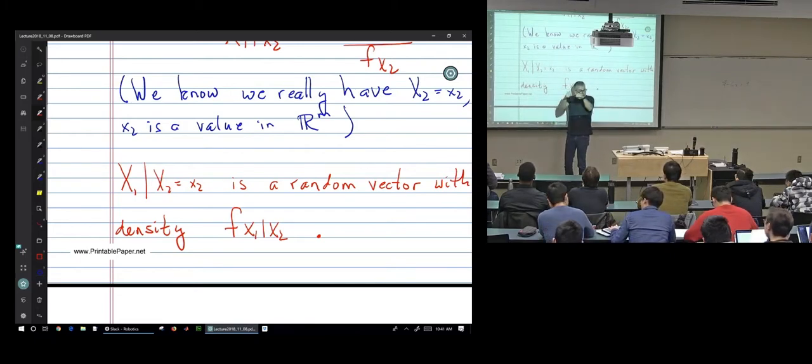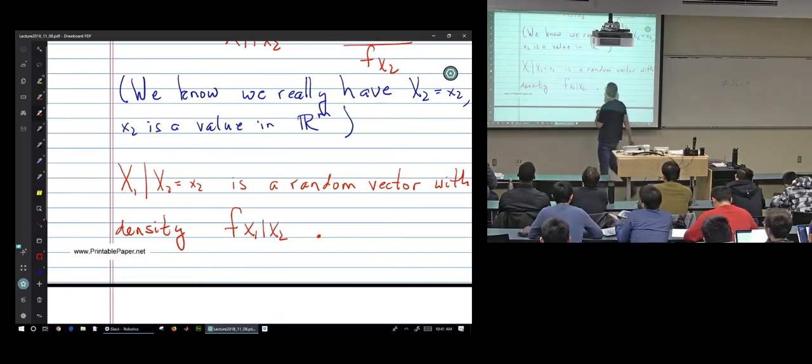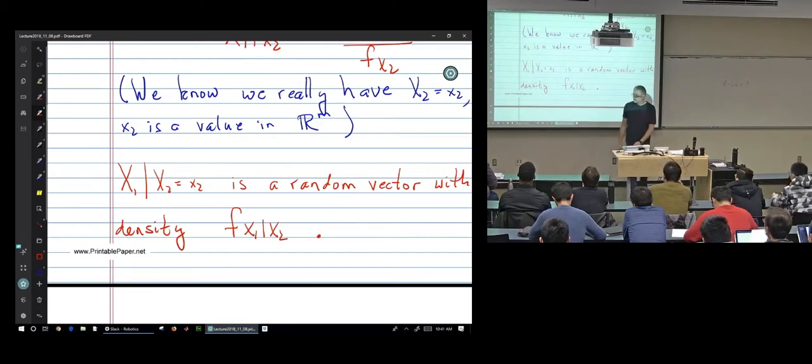And the spread is probably reduced. So that's what we want to understand better today. It's still a random vector, and this is its density, x1 conditioned on x2. Just like the probability of A given B: probability of A intersected with B over probability of B. Joint over marginal.